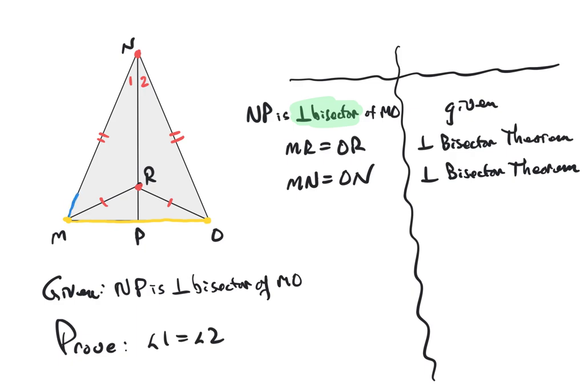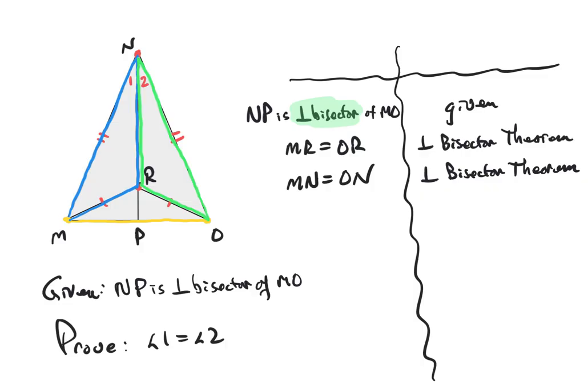Okay? And now after doing those two things using our theorem, let me highlight for you guys the triangles I was looking at. I was considering this triangle that goes from M to N to R, and the triangle that goes from O to N to R. Those are the two I happen to look at.